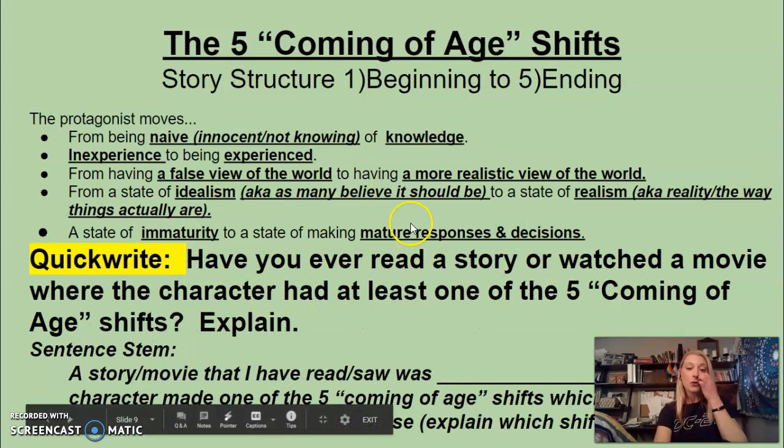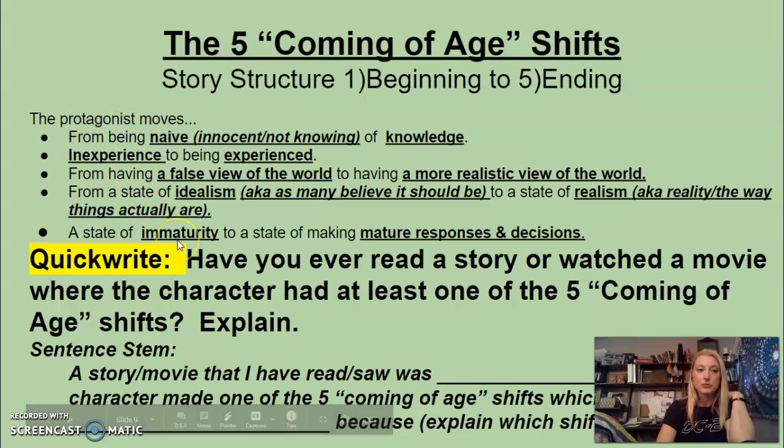All right, so take this time. This is a review of the notes that we just went over, and you have a quick write. Have you ever read a story or watched a movie where the character had at least one of the 5 coming-of-age shifts? You'll also notice on your note catcher that there is an option for you to write about your own coming-of-age experience.